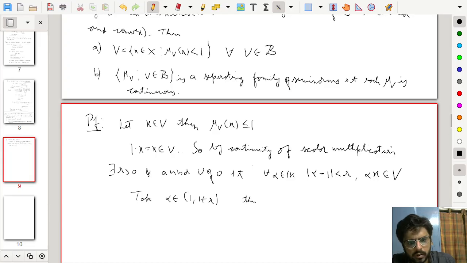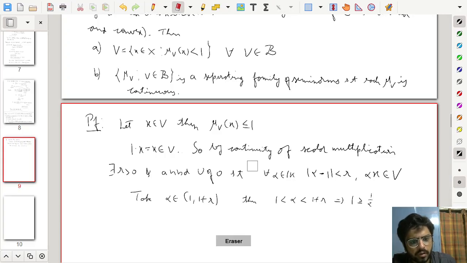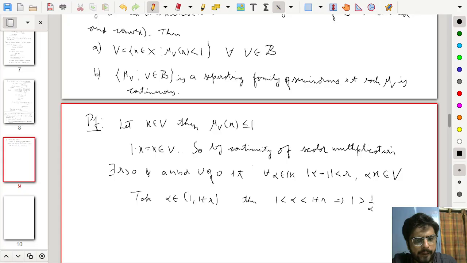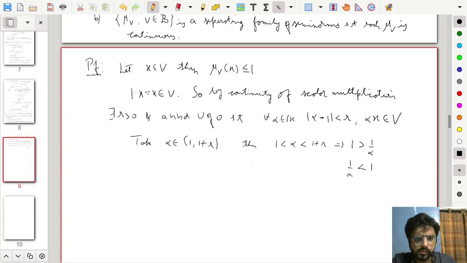Then 1 is less than alpha is less than 1 plus r. This implies 1 is strictly less than 1 by alpha, right? Sorry, 1 by alpha is strictly less than 1. So we have that alpha times x belongs to V for such an alpha.